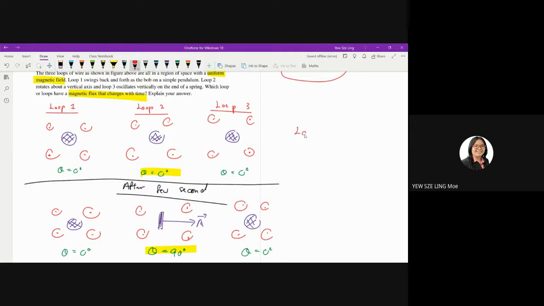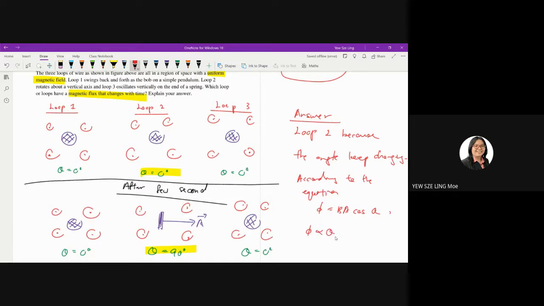So how to explain the answer? Loop 2, because the angle keeps changing. According to the equation, magnetic flux equals BA cos theta, so phi is proportional to theta.